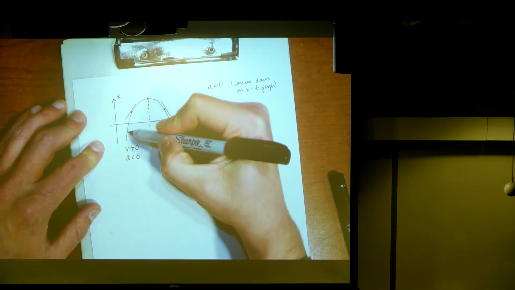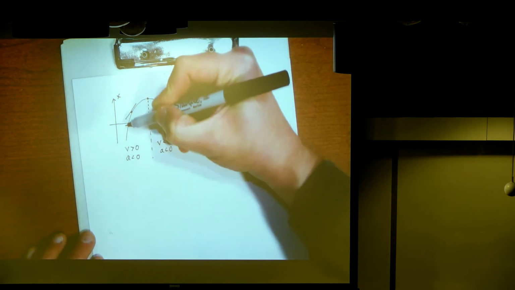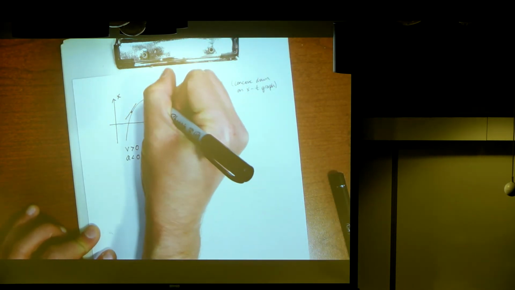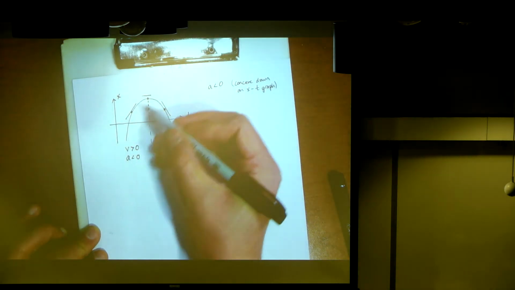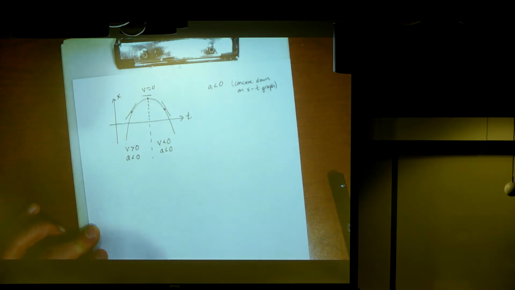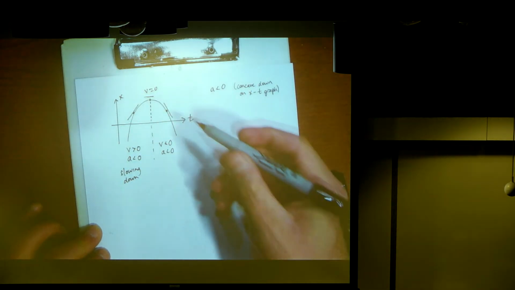So if we follow this along, we're initially moving super fast because the slope is very, very steep, and it gets less steep. And here, it goes to 0, doesn't it? So we're slowing down, heading towards 0 at first. But afterwards, what's going on?